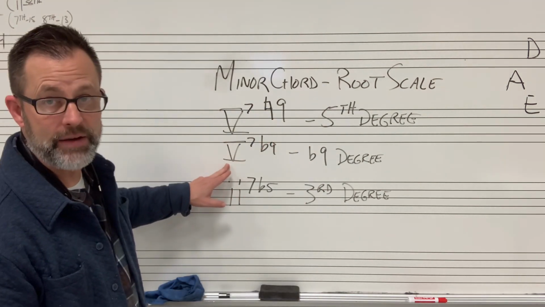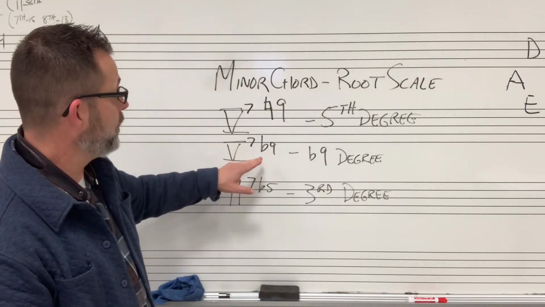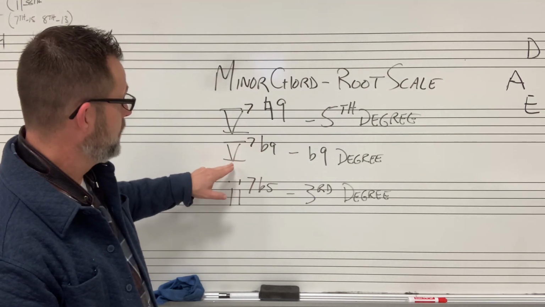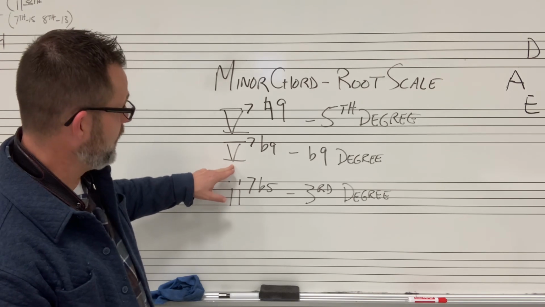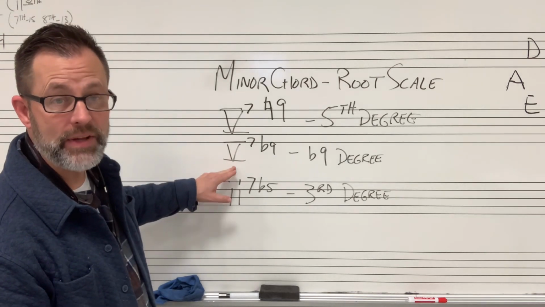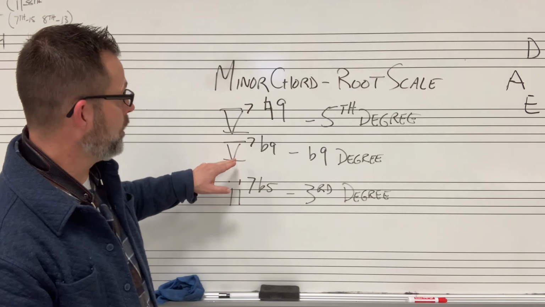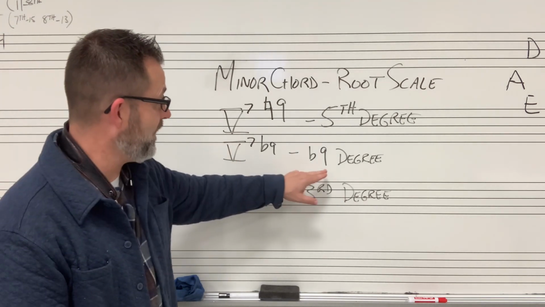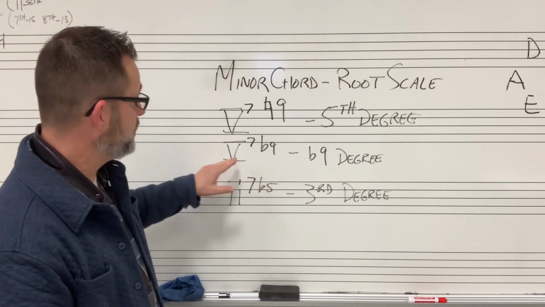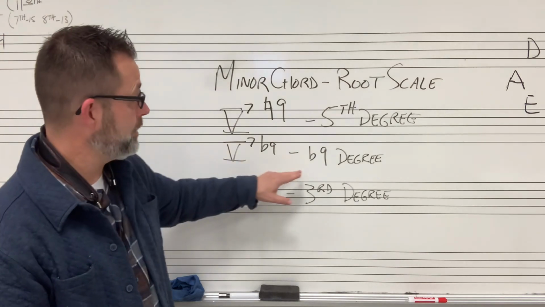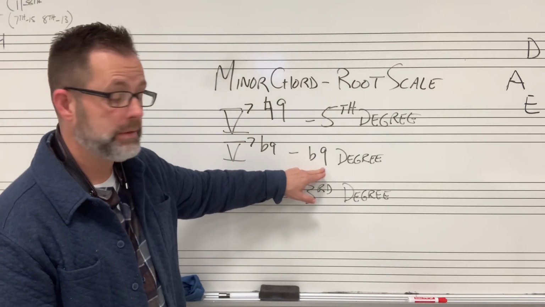If I have a dominant chord with a flat 9, so let's say a C sharp 7 flat 9, I would go up a half a step to the flat 9. So C sharp 7, up a half step, a D natural, D jazz minor.